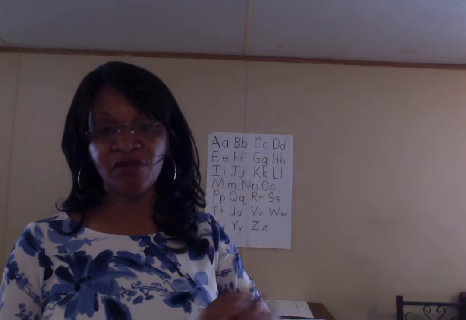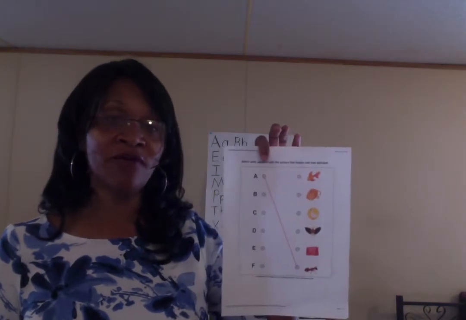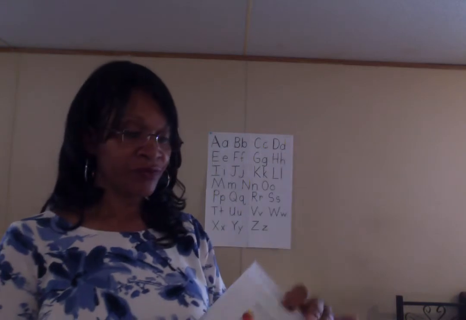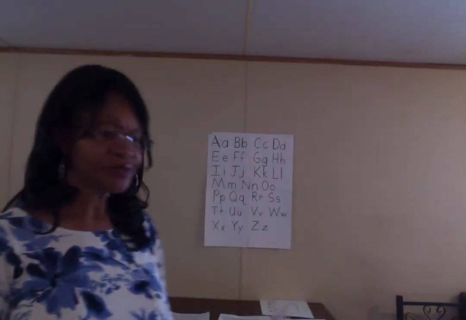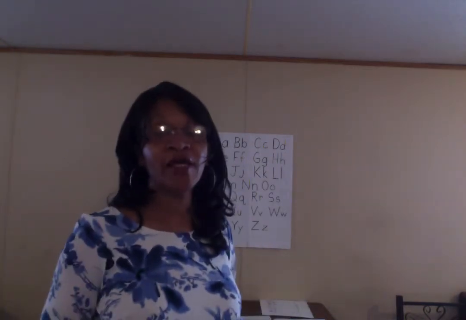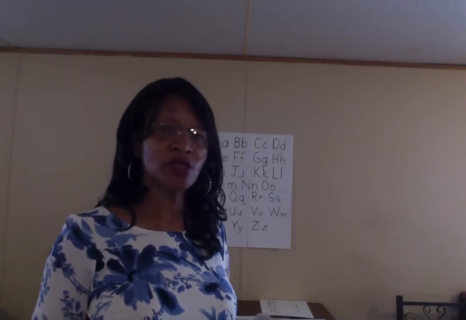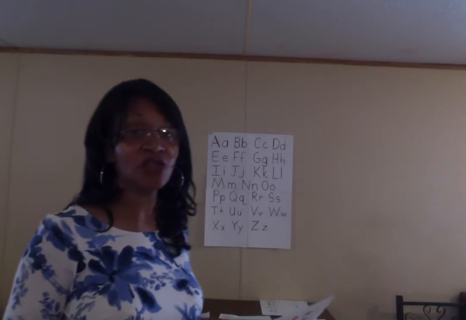And for this activity, you're just going to draw a line from the alphabet to the picture that the alphabet starts with. And you're going to work on that in groups of 2. And as you finish, I want you to hand your paper to your partner so he or she can check it.